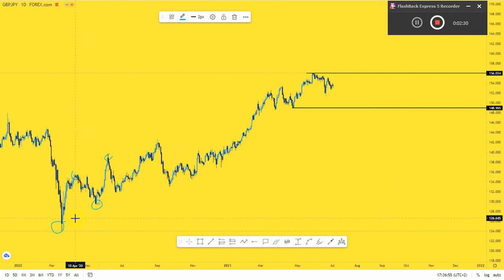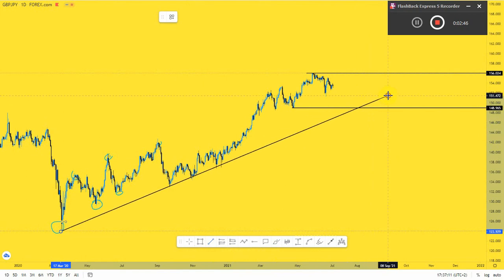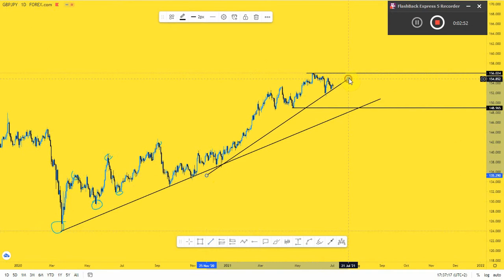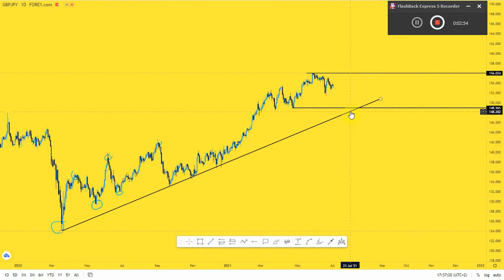This low is higher than the previous low. We have a low here and a high here. This high is higher than this high here. This low is higher than this low. So when the market is moving like this, we call it a bullish market. When the market is making higher highs and higher lows, we call it a bullish market.